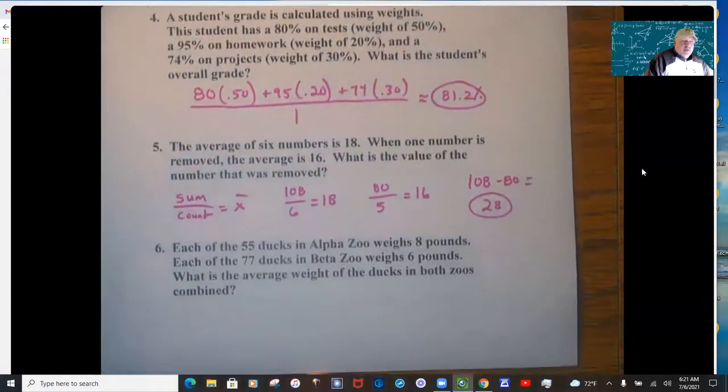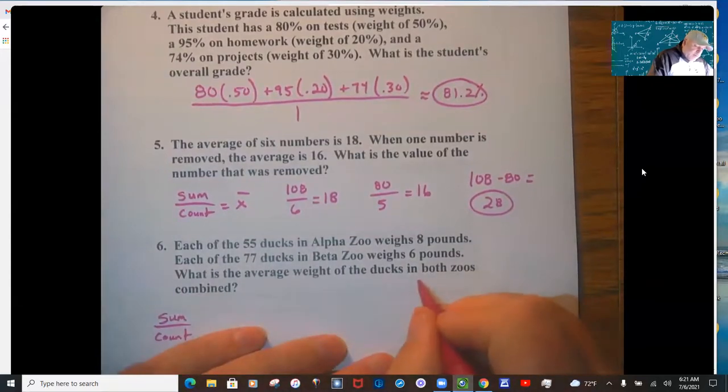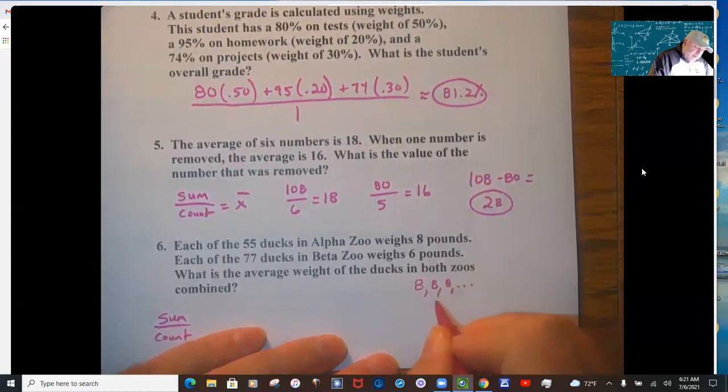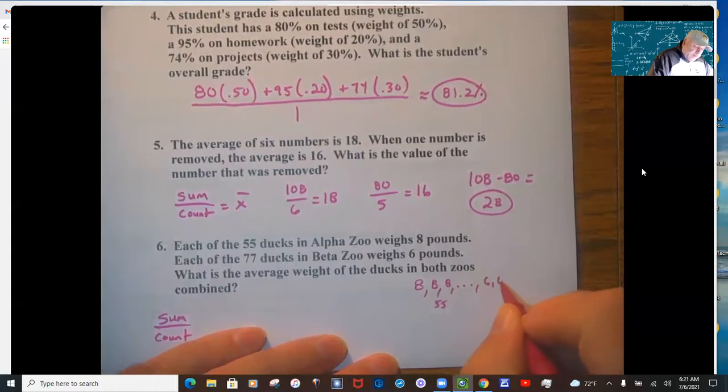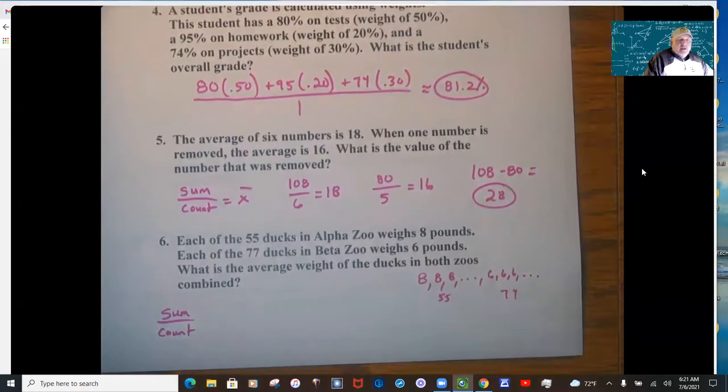Okay, here again, if you're not sure, we're still doing the sum over the count idea. So we have 8-pound ducks, there's 55 of those, and we have 6-pound ducks, there's 77 of those. So how do we get a correct average?